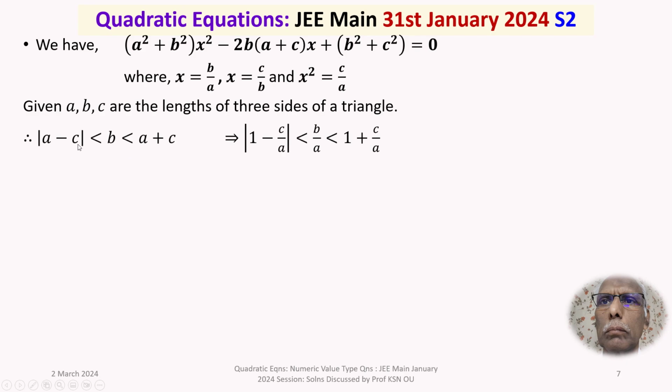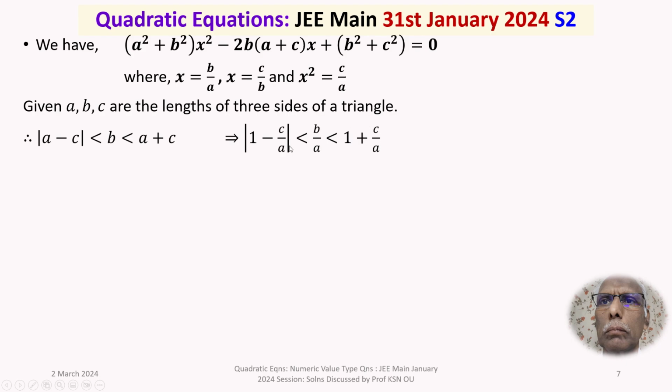Now divide throughout by a, then you will get (a minus c) by a, that is modulus of 1 minus c by a, less than b by a, less than (a plus c) by a, that is 1 plus c by a.